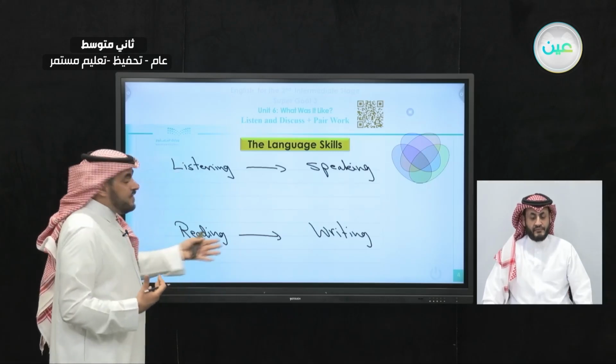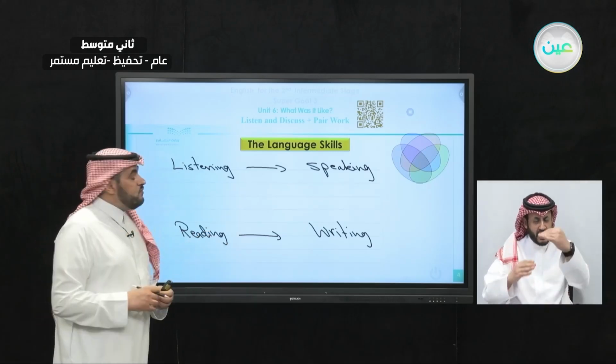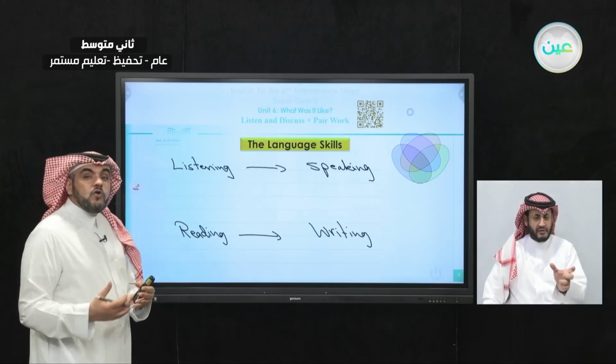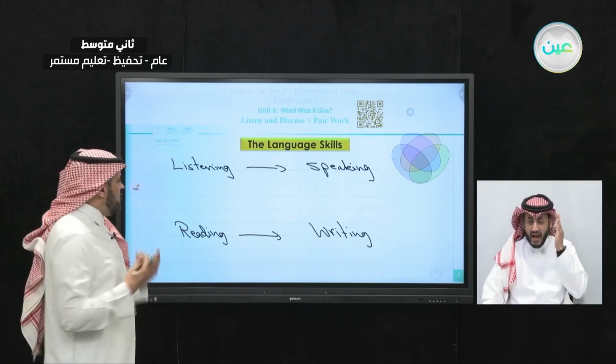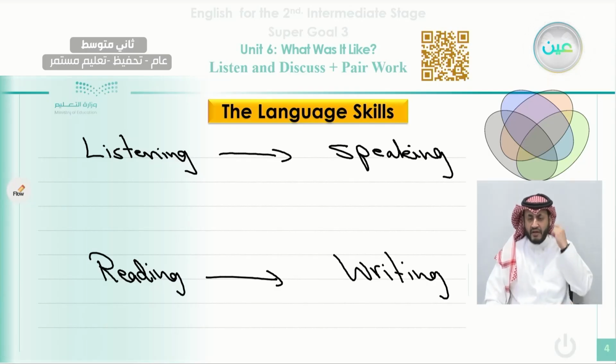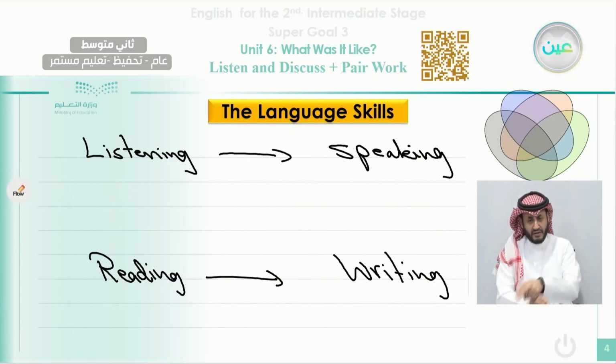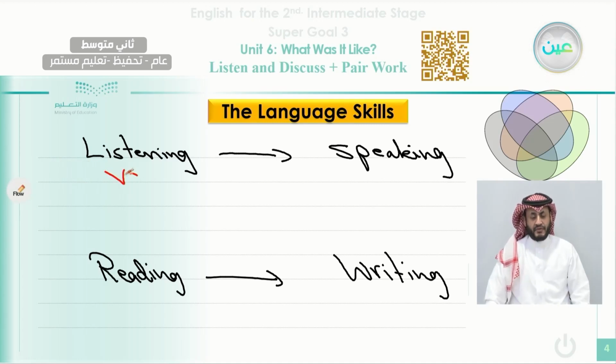Among these 4 main skills, there is something called minor skills, or sub-skills. What are these skills? Let's write them in a different color pen. You will study vocabulary, which is very important in your language, in English.